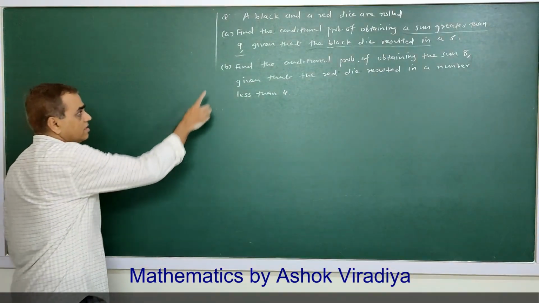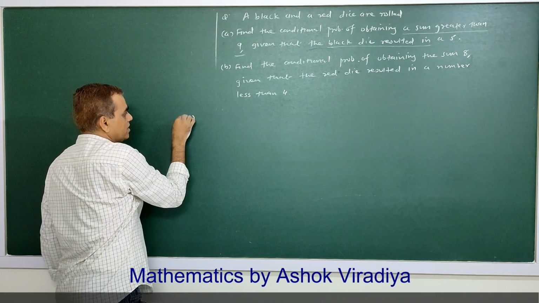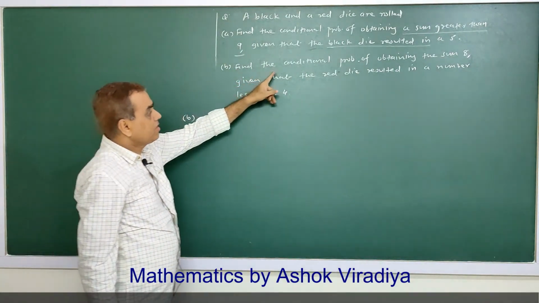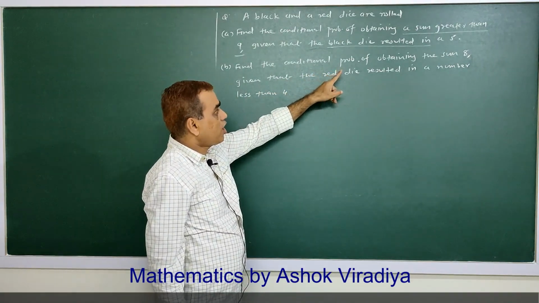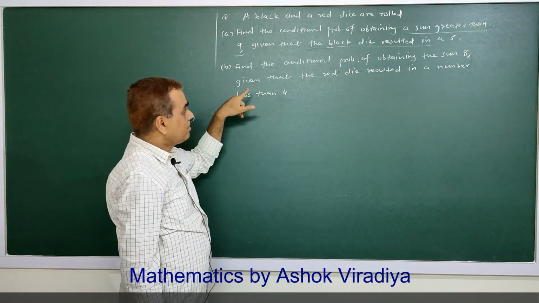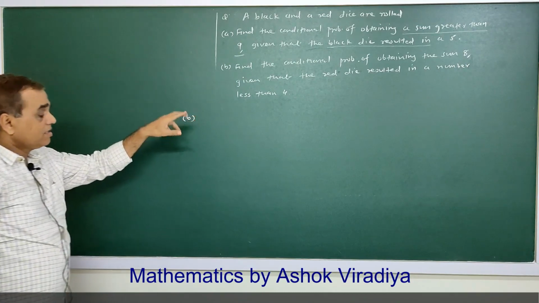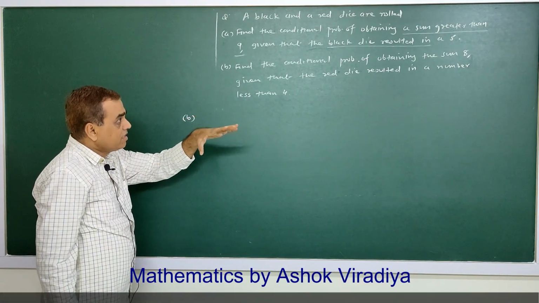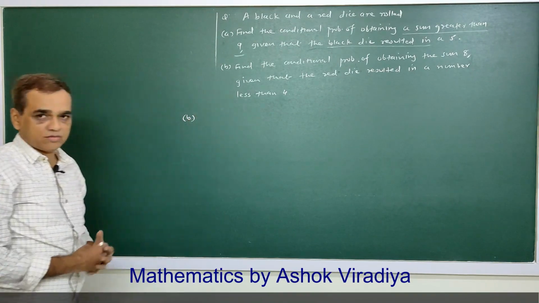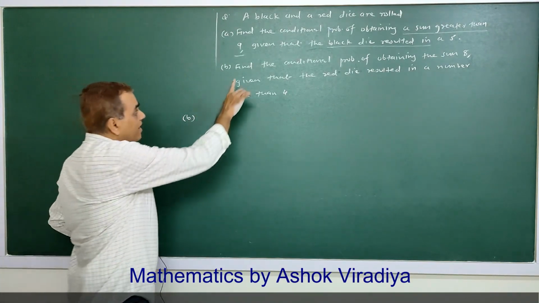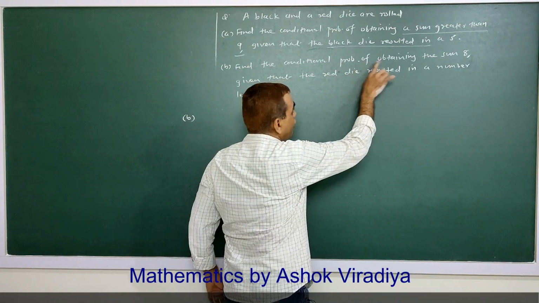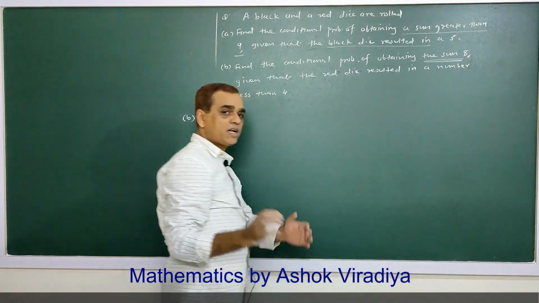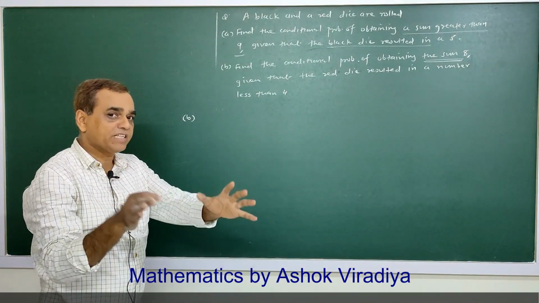Now see the solution for B. Find the conditional probability of obtaining sum 8, given that the red die results in a number less than 4. We are asked for the probability of sum 8.